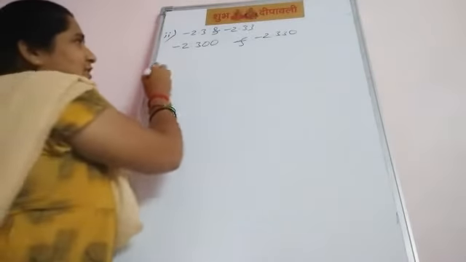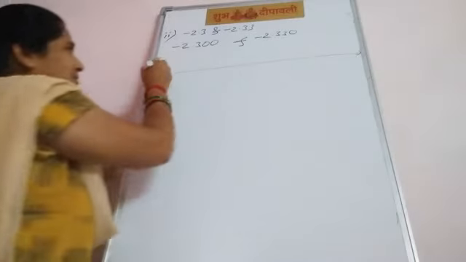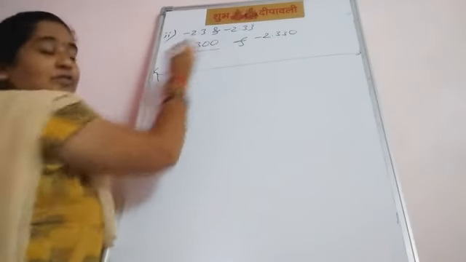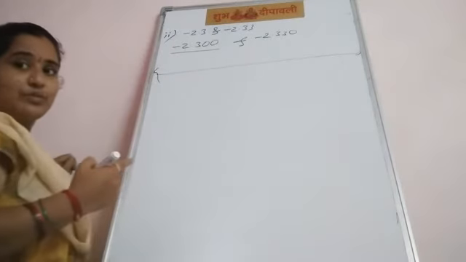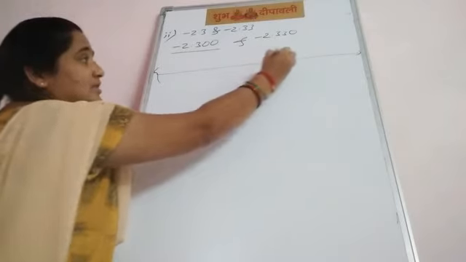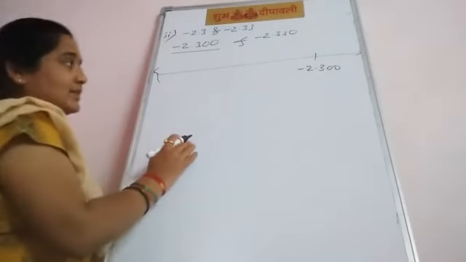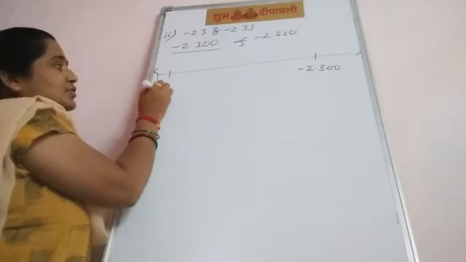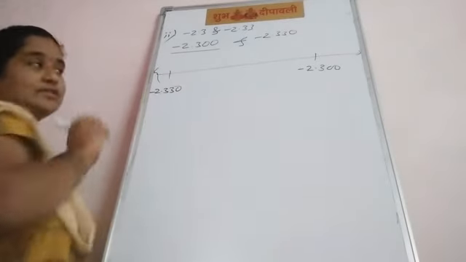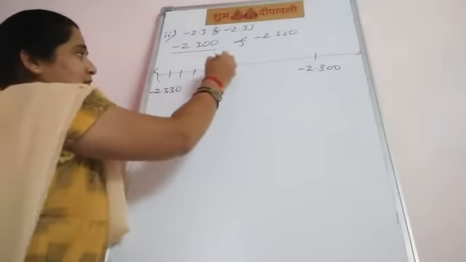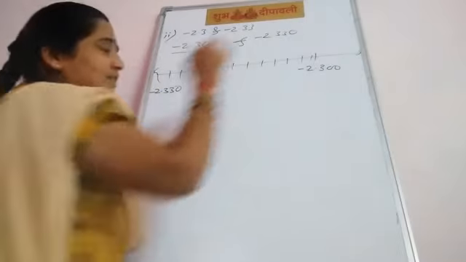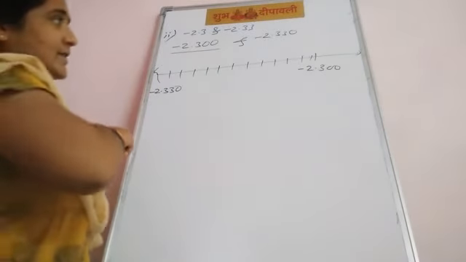For that, I will add one more 0. Okay. Now draw the number line, two negative numbers. So first you have to write this one, minus 2.300 here, and somewhere minus 2.330. See here, between them many numbers will exist, infinite numbers.